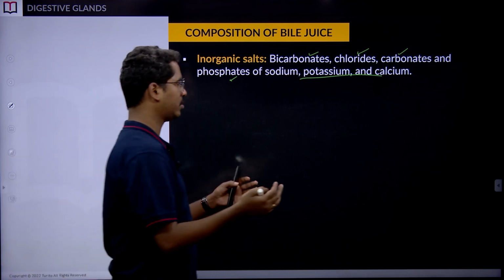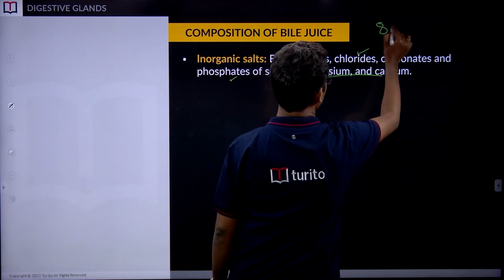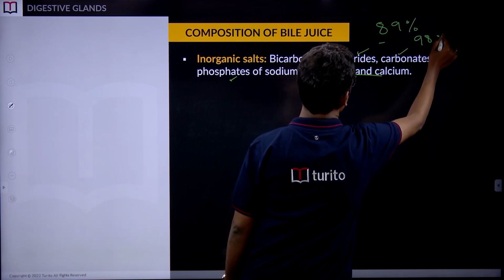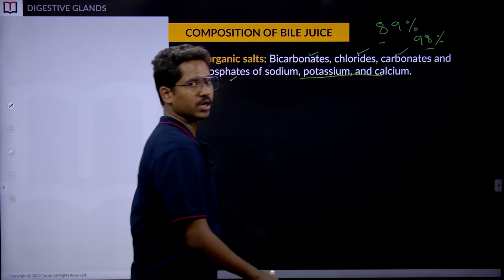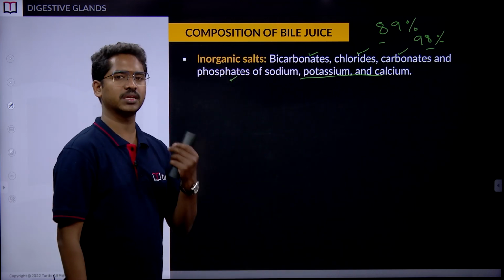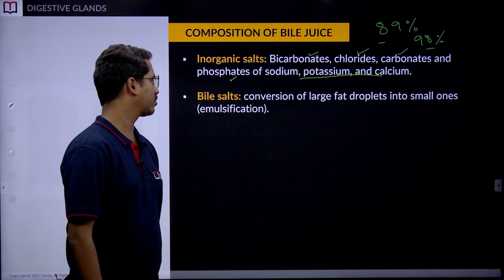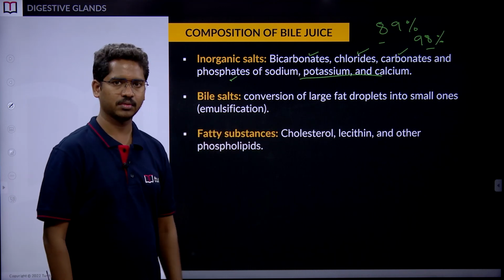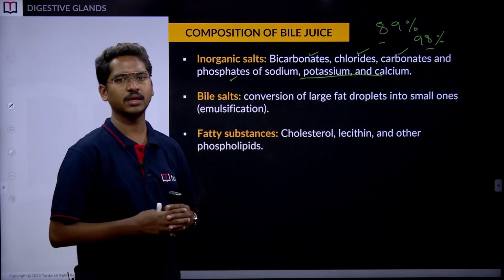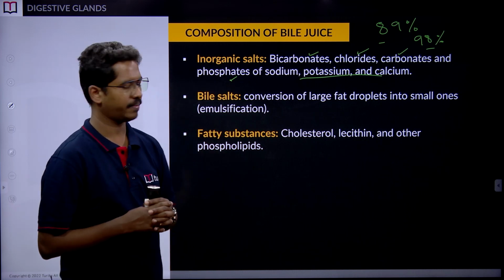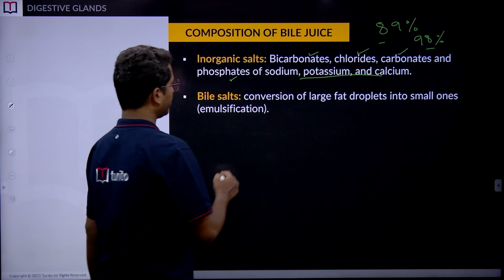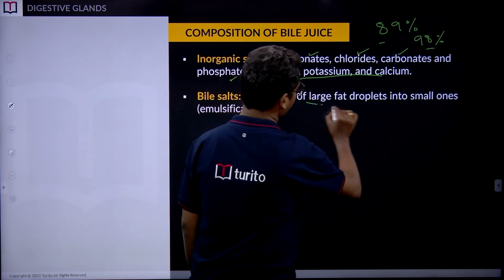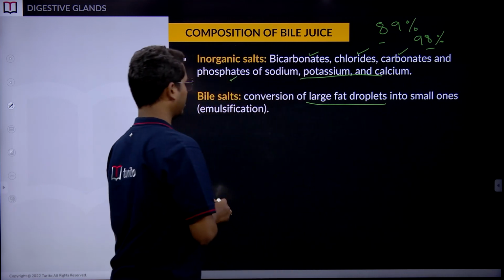Leaving the 89 to 98 percent of water, whatever is mixed in is all these inorganic salts, bile salts and fatty substances. That is what gives us the yellowish green color. Bile salts are required for the conversion of large fat droplets into smaller ones.